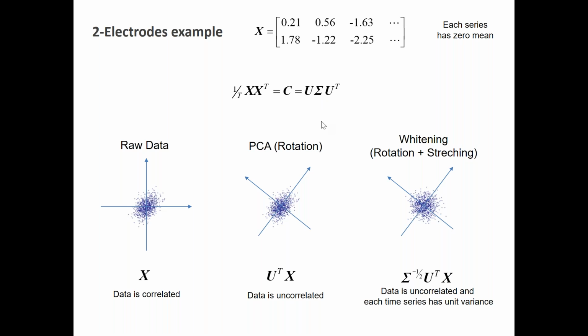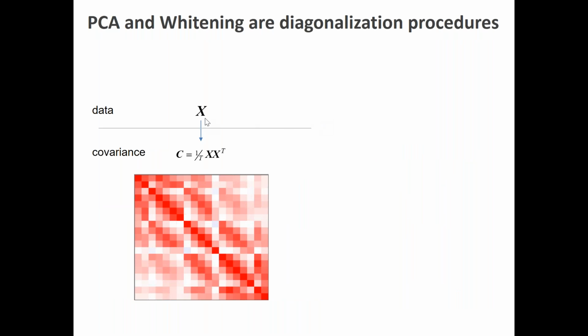So now let's see what this means graphically. Suppose this is the data, and this is the covariance matrix. Here this is a heat map, which means that white is 0, a blue color is a negative number, and the red color is a positive number. So now we code each number of the matrix by color.